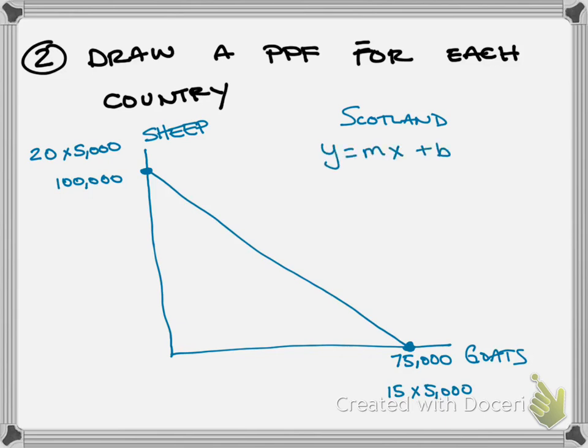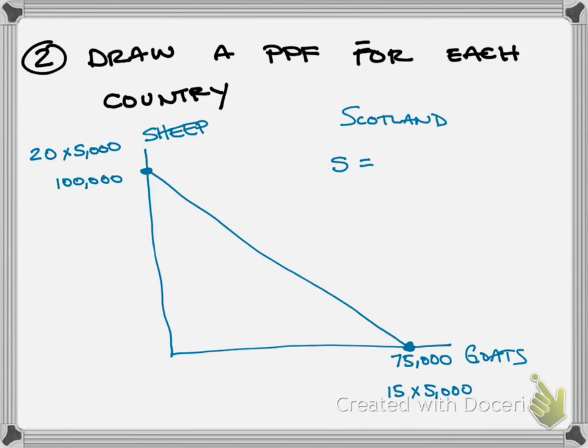Now we can draw out the equation of this line, and we do that similar to y equals mx plus b. That is, b is the y-intercept, and m is the slope. In this case, y is going to be sheep, and x is going to be goats. So I'm just going to write y equals mx plus b with slightly different letters.